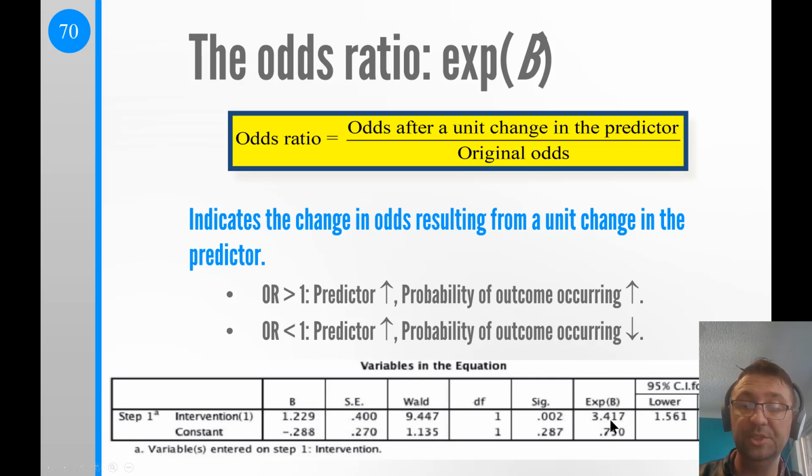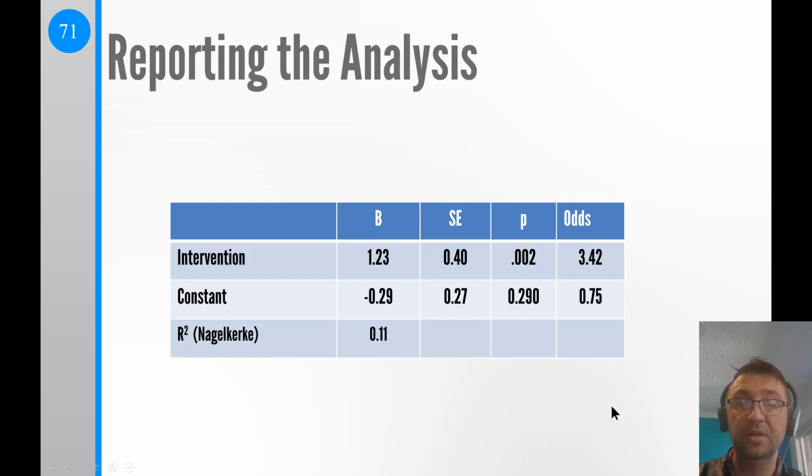Basically, if your odds ratio is greater than 1, then the probability of the outcome occurring is higher. And if your odds ratio is less than 1, the predictor produces a lower chance of the outcome occurring. So in this case, our intervention increases the chance of the person being cured. This is how we might report it.